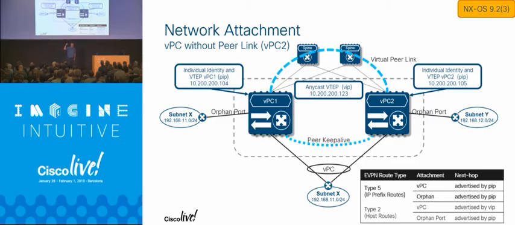Just to repeat here, I was talking about orphan attached networks or VPC attached networks. A route type 5 will always be advertised with PIP, and that's where we want to have our ECMP indexes used rather than the MAC address. And you see here, type 5 IP prefix route: VPC is VIP, VPC is PIP, orphan is PIP.